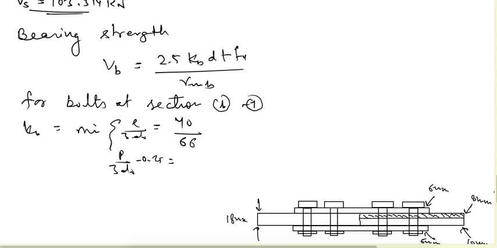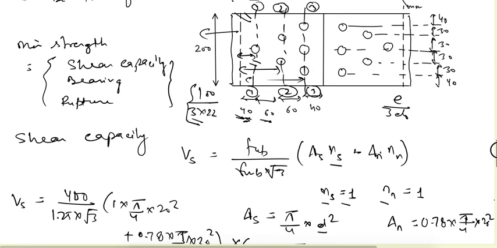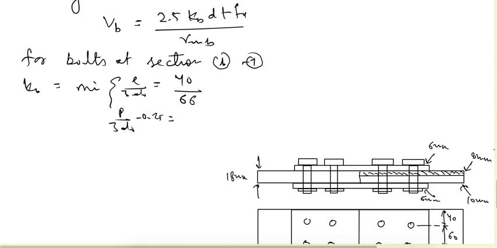What is the value of p here? p is 60. So 60 divided by 66 minus 0.25. The other two are not necessary because they will be greater than these two. From here, the first term comes out as 0.6061, and the second one comes out as 0.6591. So obviously the first is the minimum value. So that is for bolts at section 1-1.